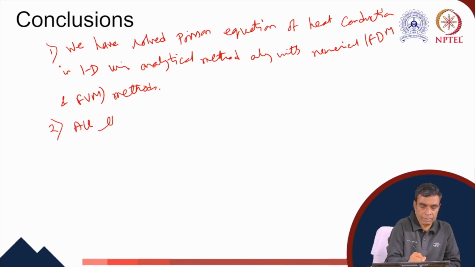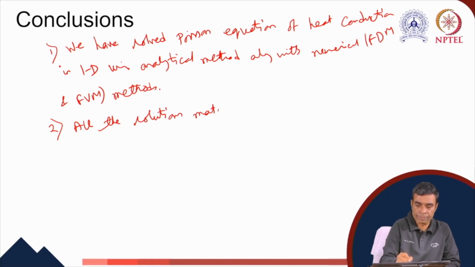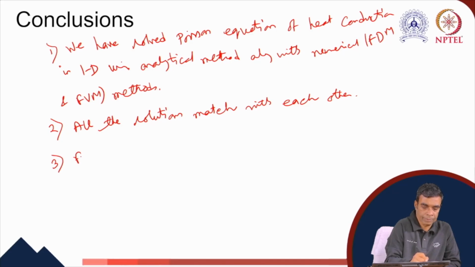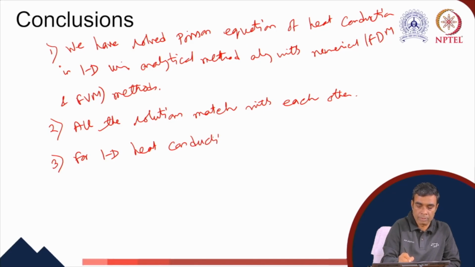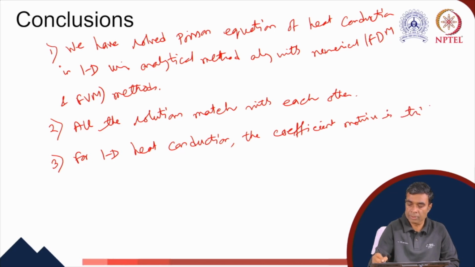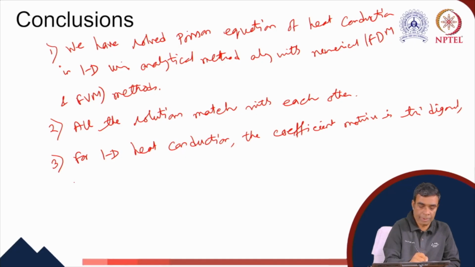All the solutions match with each other. For 1D heat conduction, the coefficient matrix is tridiagonal, symmetric and banded.